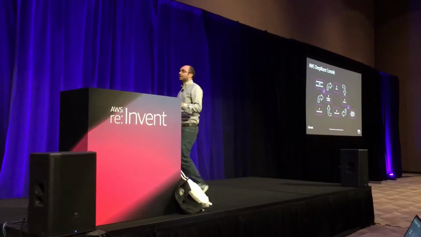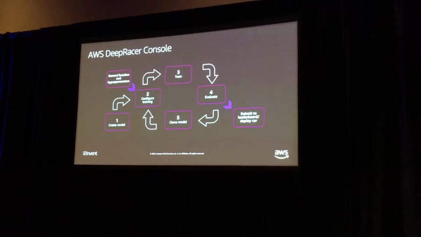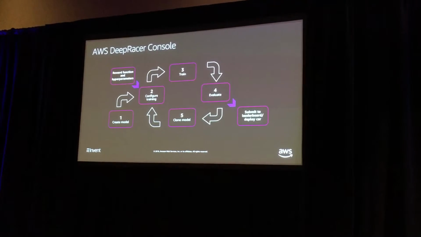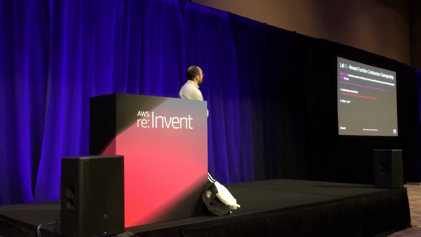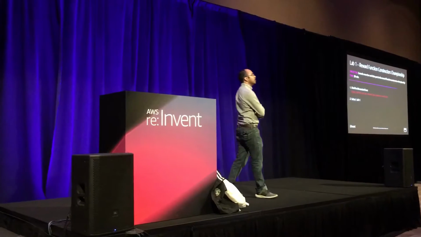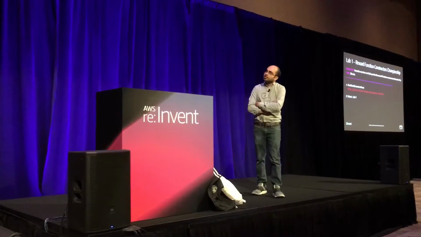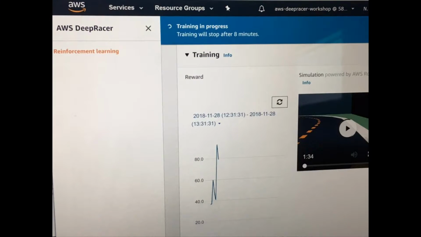So essentially, once you've trained the model, you can evaluate it on the console, and then finally, if you've got good models, you can submit to the leaderboard, and so on. And what you'll do is essentially focus on this one piece, understanding the reward function. And at this point, let's get to the lab content.